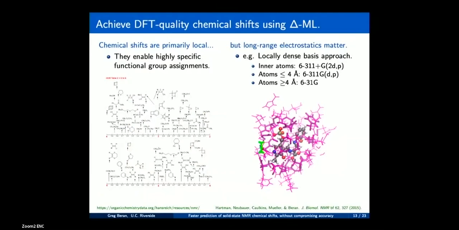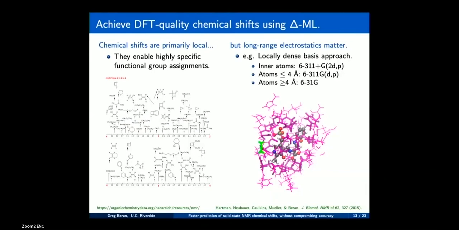For example, we all know, or many of the people in this room know, that the locally dense basis set approach works, right? That you need to focus with a good basis set on the atoms of interest. For the longer range, you don't necessarily need to model it perfectly, but you need to do something to capture it. So you can get away with using smaller basis sets in a large cluster or something like that.